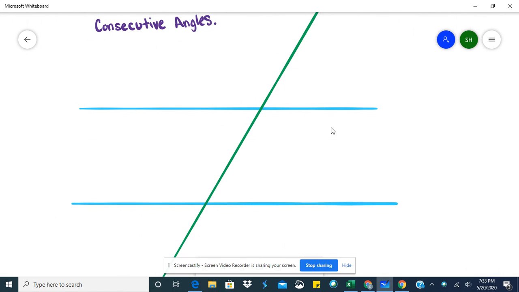Now we have consecutive angles. Consecutive angles are angles that when added together equal 180 degrees.